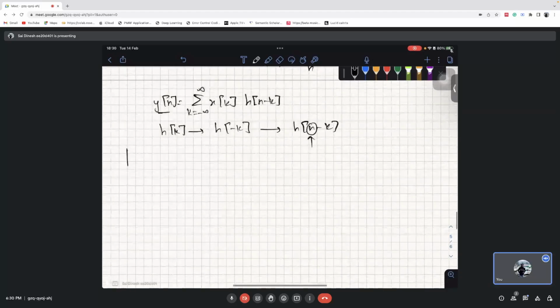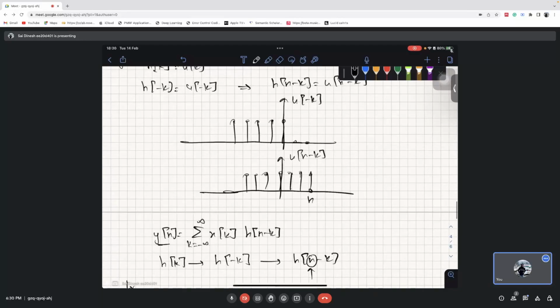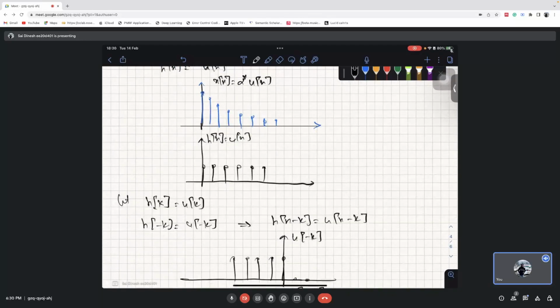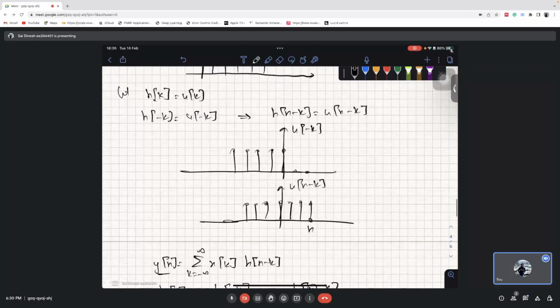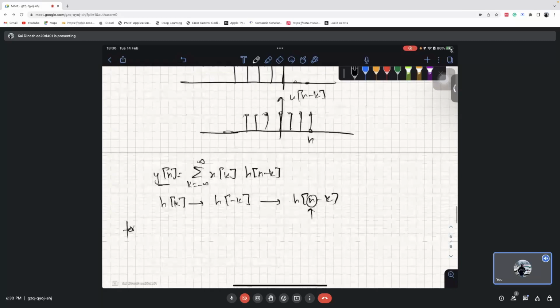This signal only exists on the positive side, so if we bring h of n minus k to the left, that is when n is less than 0, there is no common area where they overlap.